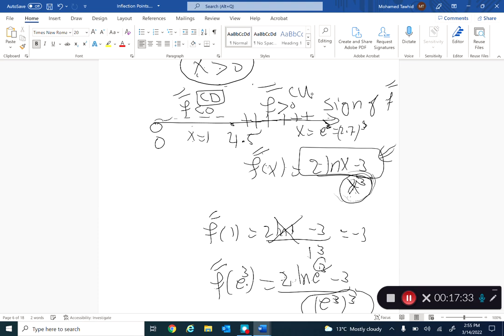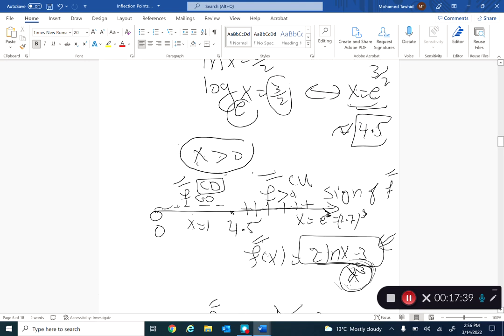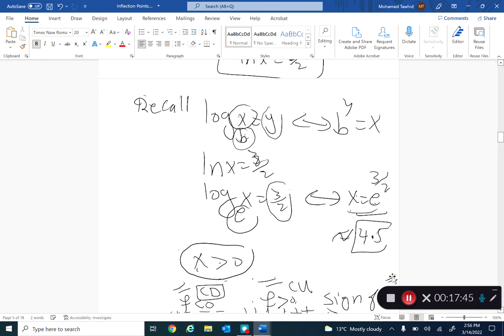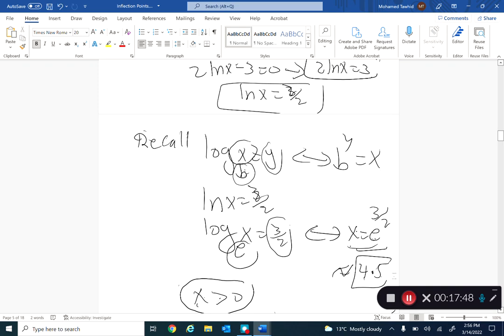So here is condition number 3: the concavity changes from concave down to concave up, or the sign of your second derivative changes from negative to positive. And then I have x equal 4.5, where your second derivative is 0.